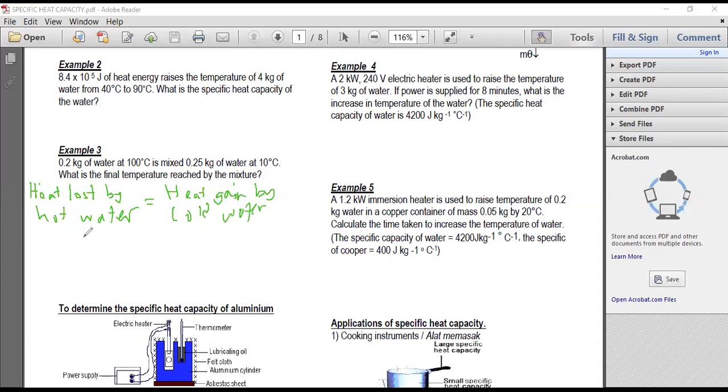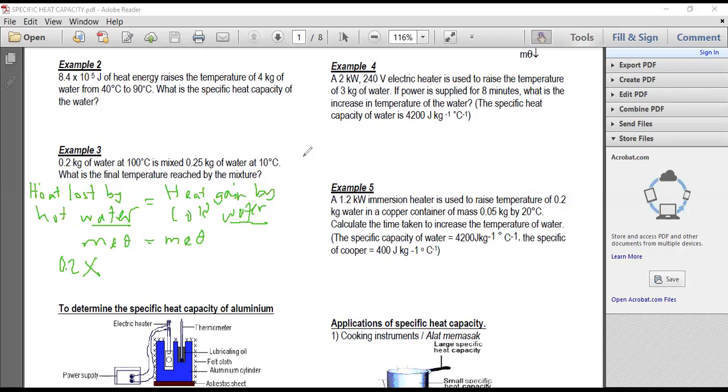So you're going to use mc theta equals mc theta. Now, what is the mass of the hot water? 0.2. Now if you look at the question, they never give you the specific heat capacity. Why? Because for this question, both involve the same material, water and water. So the c and c can be cancelled off.